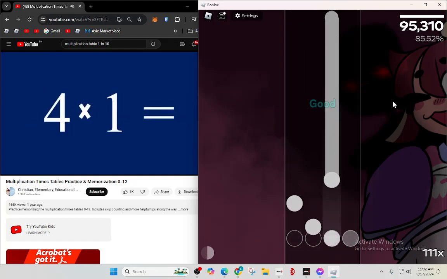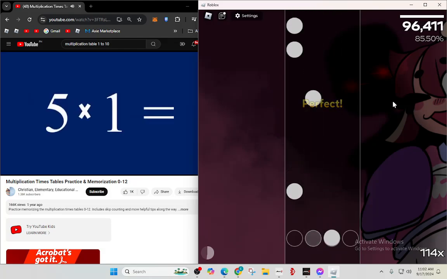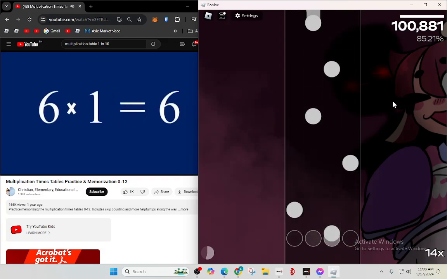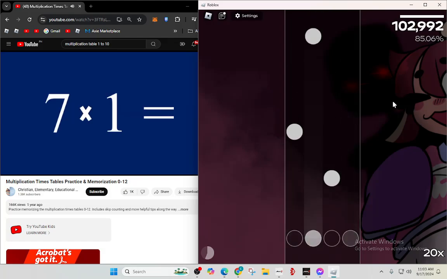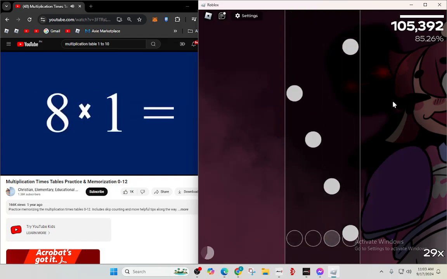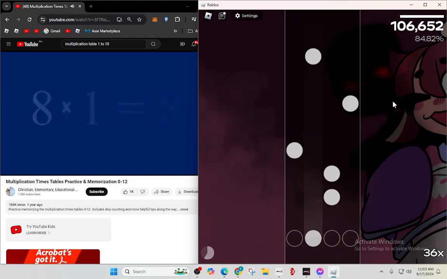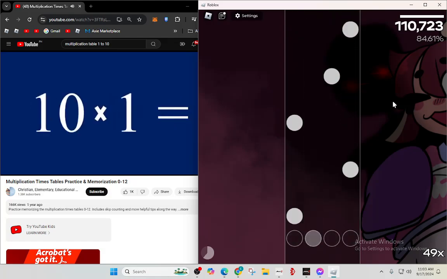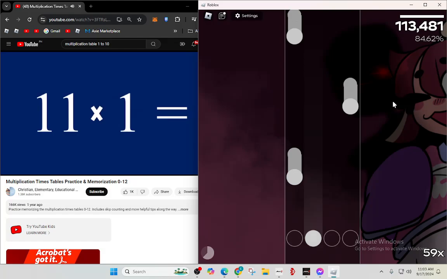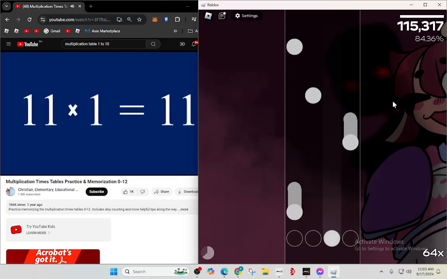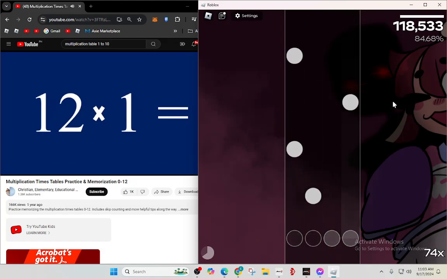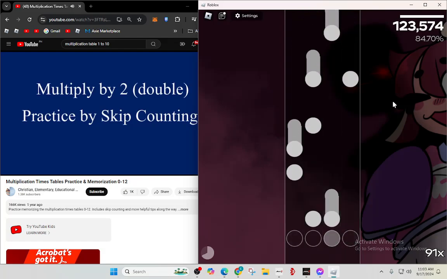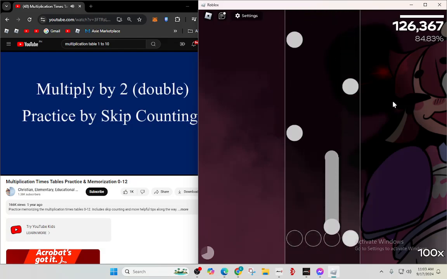Continuing in order through 11 times 1 equals 11. And 12 times 1 equals 12. Well done. All right, now let's practice multiplying by the number 2.